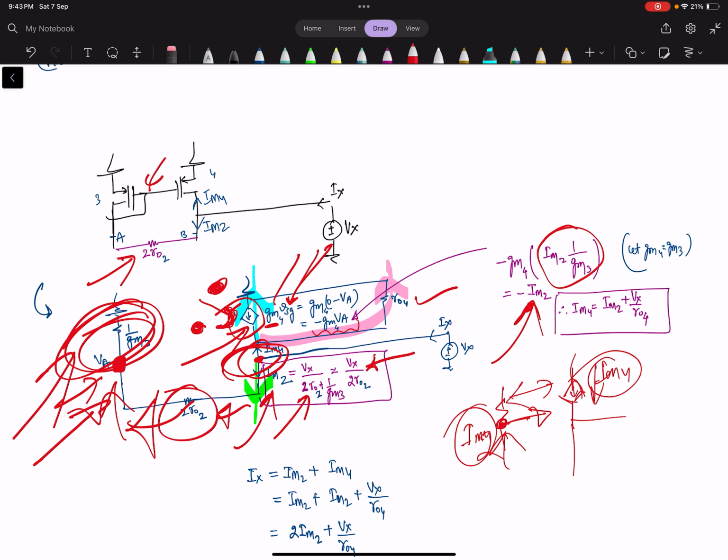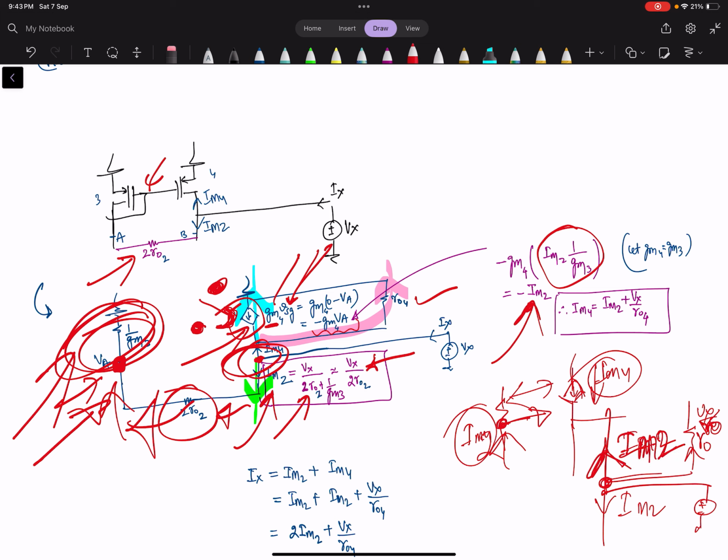KCL is nothing but here IM4, it is IM2 equal to here also IM2, and there is one resistance, across this the current is Vx upon R0. Simple. This potential is Vx and this is Im2.